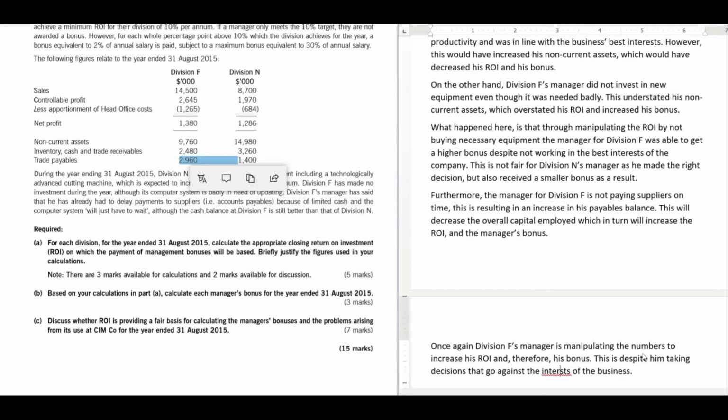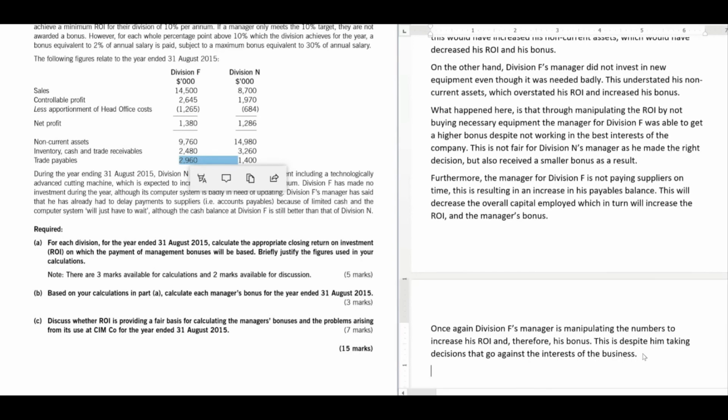Okay, and now we can conclude with the risks, because we've talked a lot about ROI being fair. Let's talk about this. Based on what is going on, the ROI is not a fair basis for calculating the manager's bonuses, right?